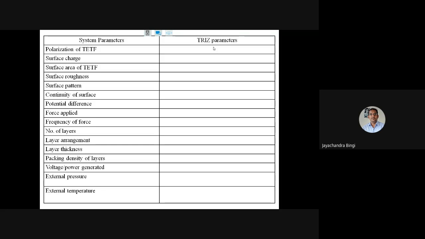Any idea? Because definitely you can't tell. I don't know polarization, we're all engineering students. So what is polarization? Why so silent? What is polarization?